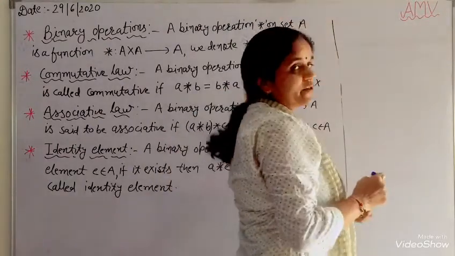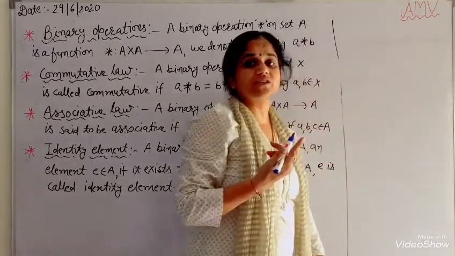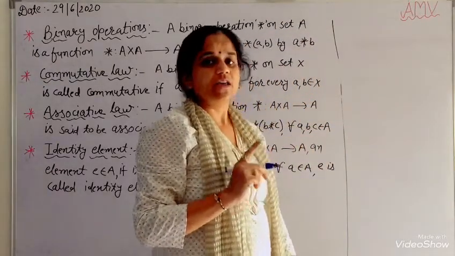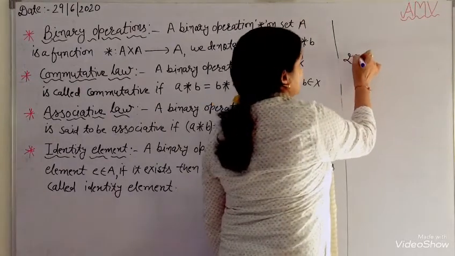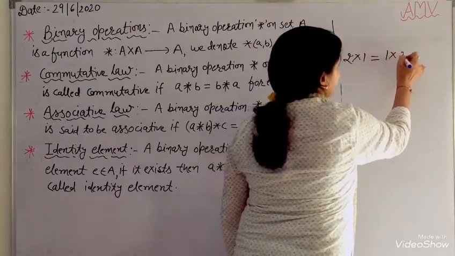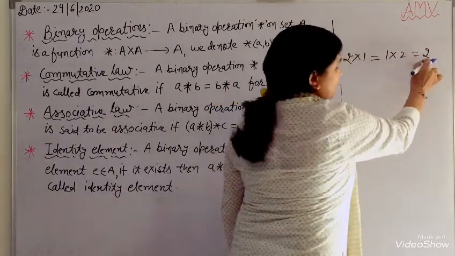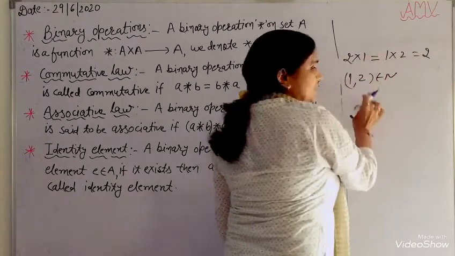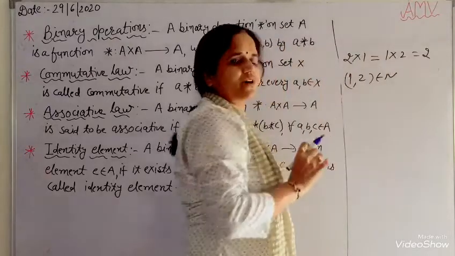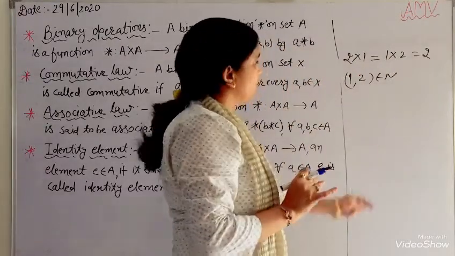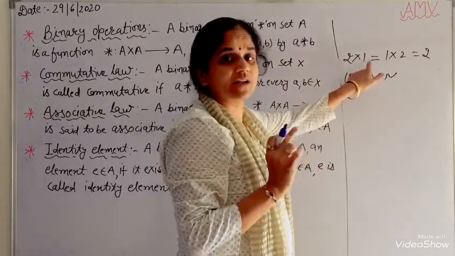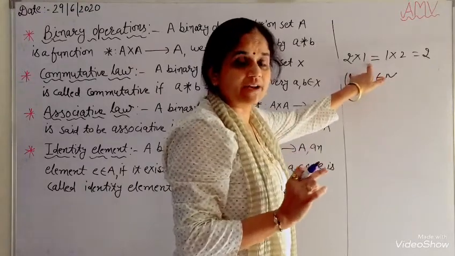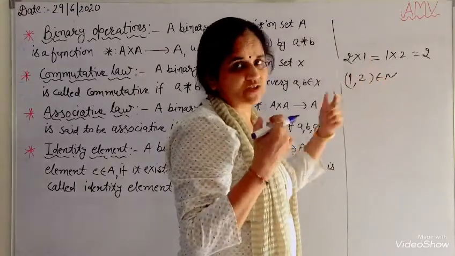And for the multiplication, student, 1. If you multiply 2 into 1, or 1 into 2, we will get 2. If 1, 2 belongs to N, the set of natural numbers, set of real numbers, or set of whole numbers, then 1 is the identity element for multiplication, and for the addition it's 0.